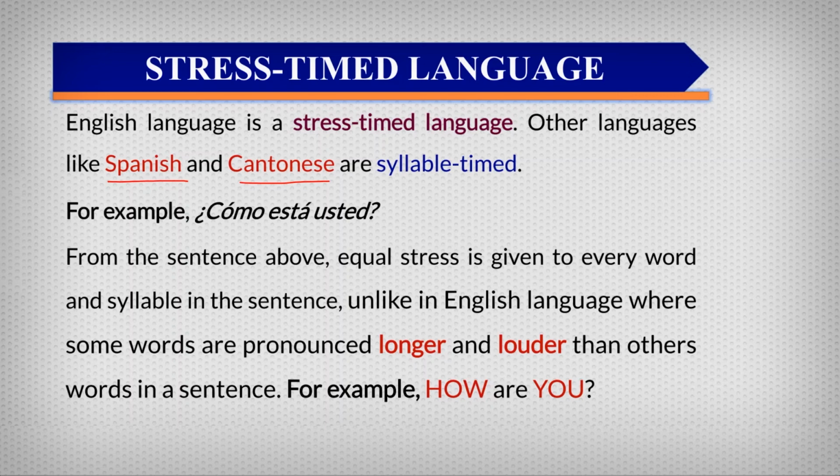From this example, there is equal stress given to every word and syllable in the sentence. But in the English language, we would say it differently. How are you? Notice that some words are pronounced longer and louder than other words in the sentence. That makes the English language a stress-timed language.